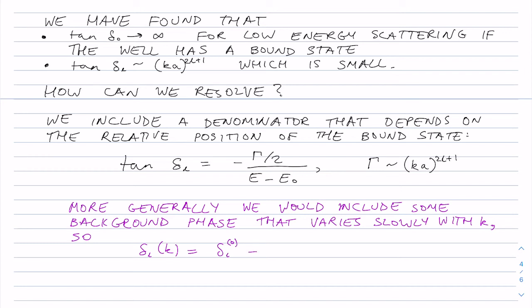And then you've got the fast changing resonant contribution, which causes most of the disturbance in the vicinity of E naught. But we can ignore this technical aspect for the time being.